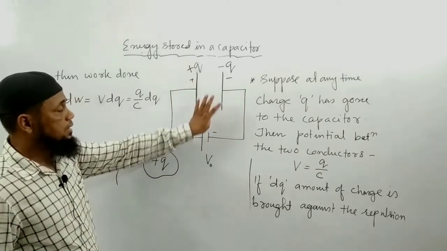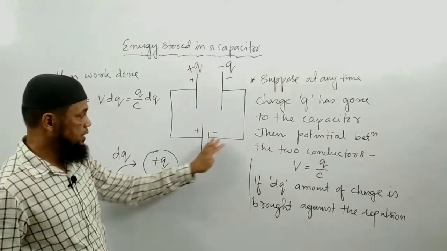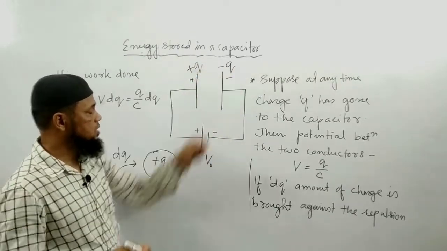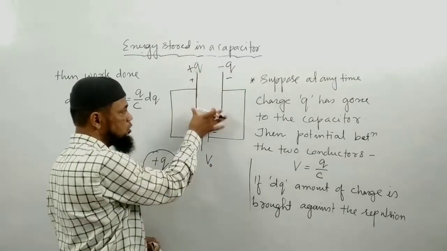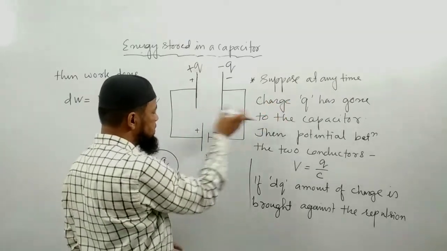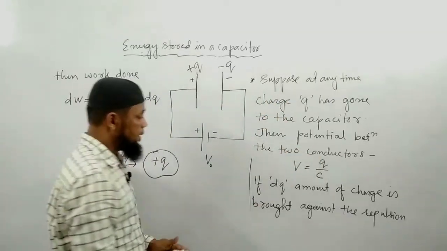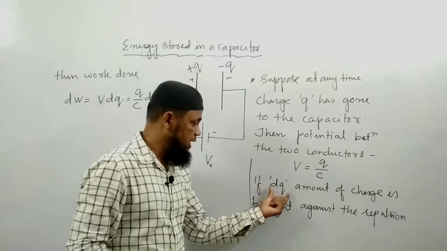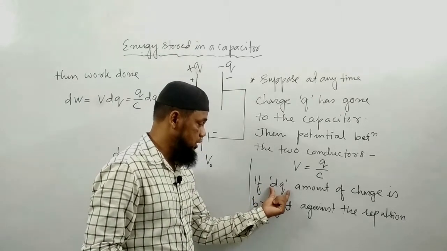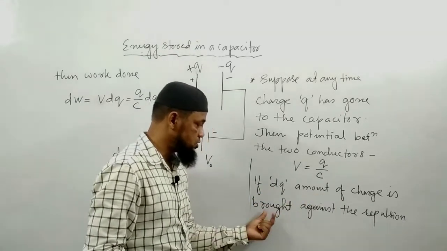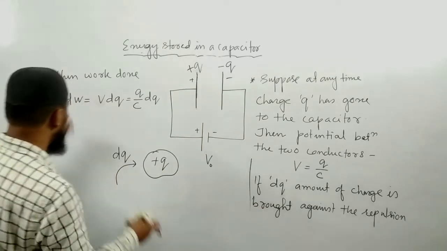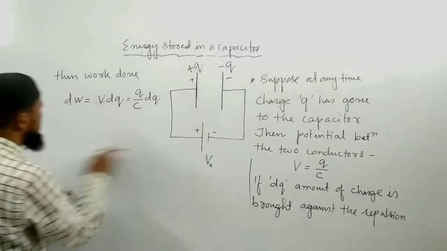At any instant of time the charge is small q, and the potential difference between the two terminals is V. Now we are putting an additional charge dQ. If dQ amount of charge is brought against the repulsion, how much work will have to be done?